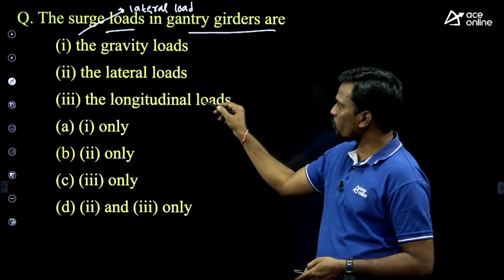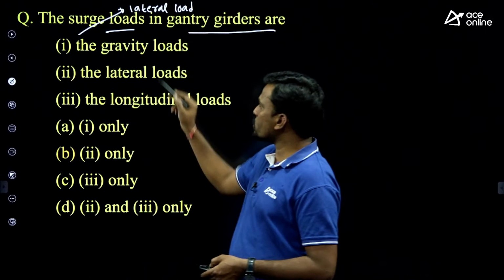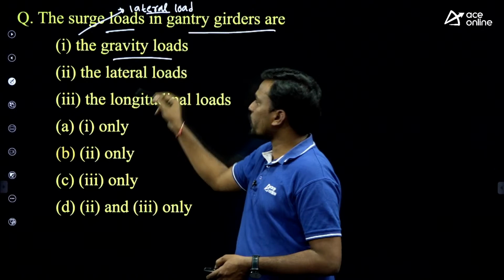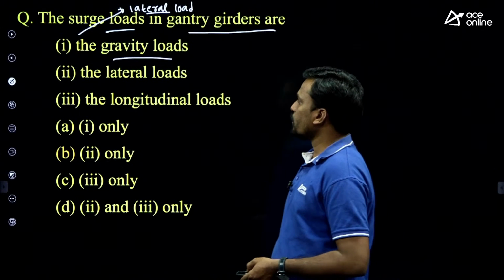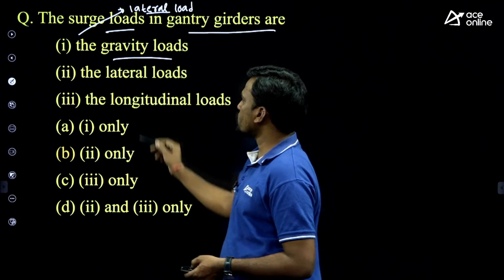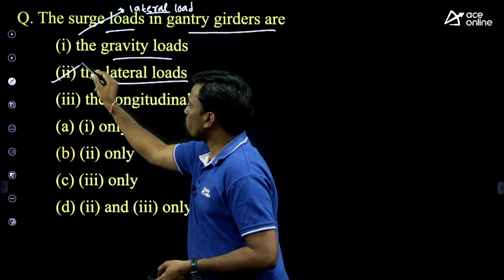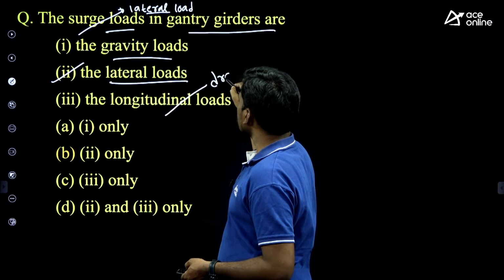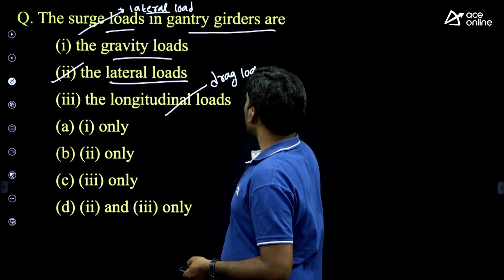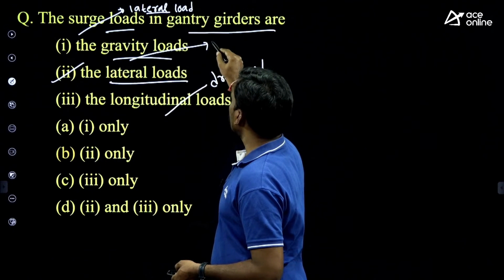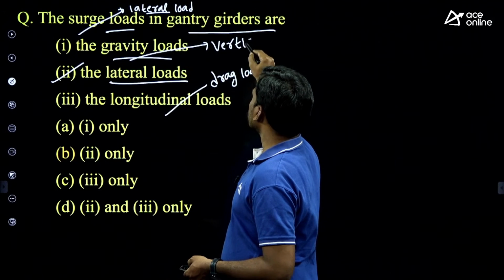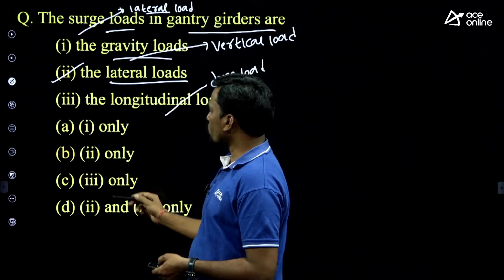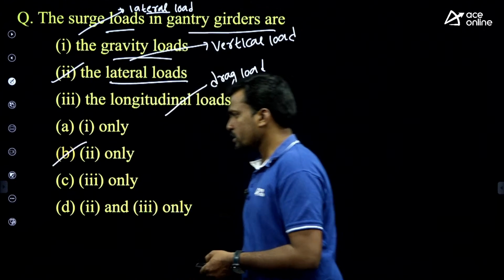In the previous case I told it wrong. So gravity load is nothing but vertical load, surge load is lateral load, and longitudinal load is also called drag load. Then only 2 is correct, that is B.